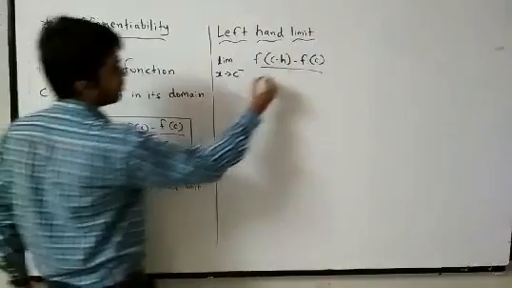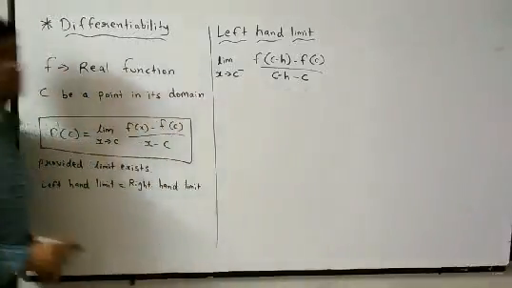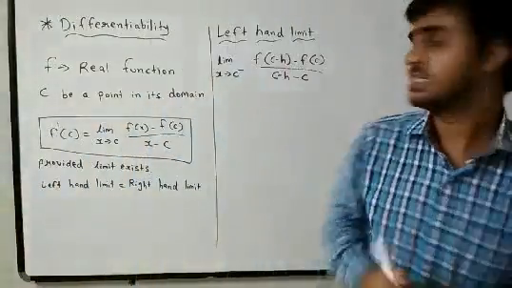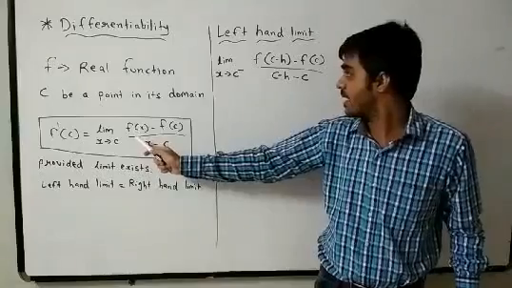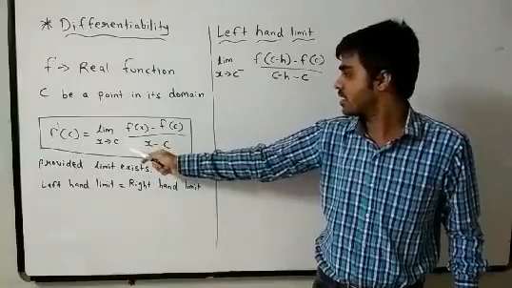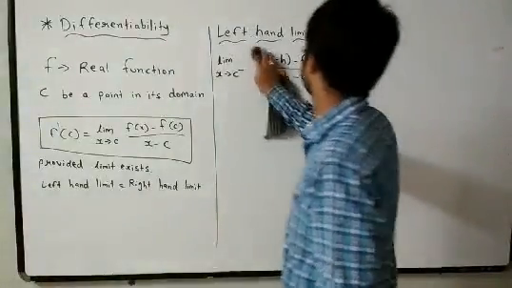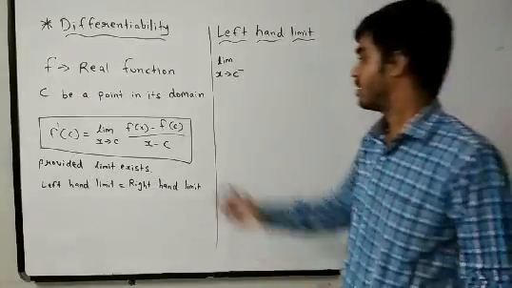Instead of x we have to put c minus h. The sums we were doing in continuity, the same thing I have applied over here. It is correct only, but we will go with the next step.